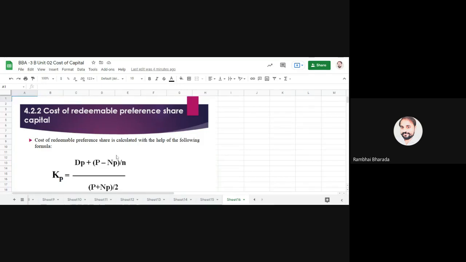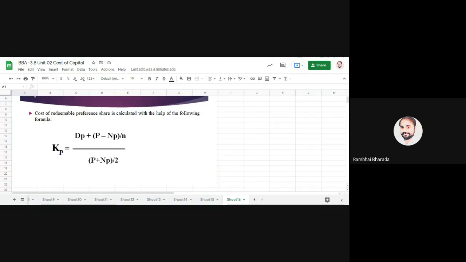KP, cost of preference shares, is equal to DP plus, in a bracket, P. DP means dividend on a preference share, and P means present value. In some books you will find RP.